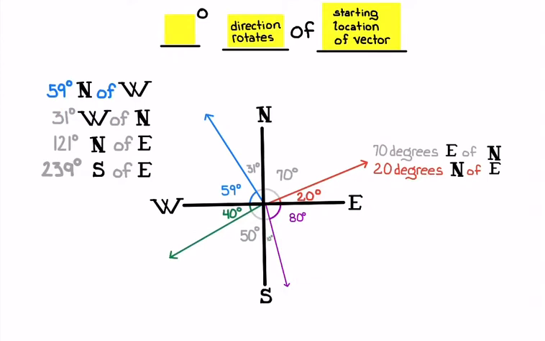As you can see, there are a number of correct ways to describe the direction an object is traveling. At the top, I made a template of how to make this description. Now I'm going to reveal a few answers to the green and the purple.